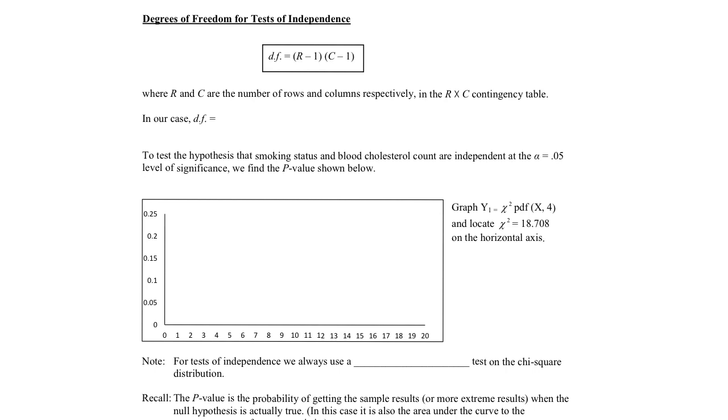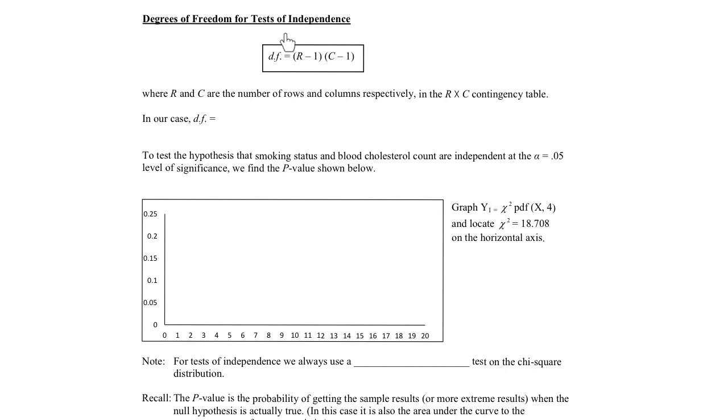Remember what we're doing. It's a hypothesis test, and it's a test of independence. We're testing two variables and seeing if they are independent. And the variables in this case are just blood cholesterol count and smoking status. So the way we find degrees of freedom here has that familiar n-1 shape, but now there are two variables, the row variable and the column variable.